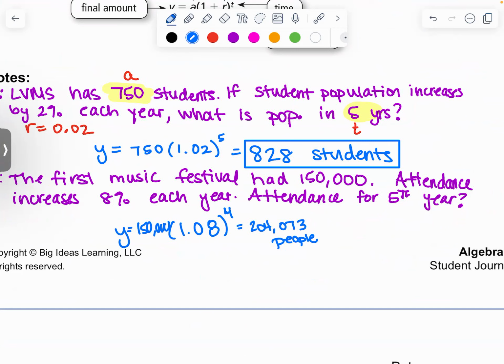Notice how everything is the same except 1 minus R. Connor, you give me a thumbs up when you're good, okay? You're good? Okay.